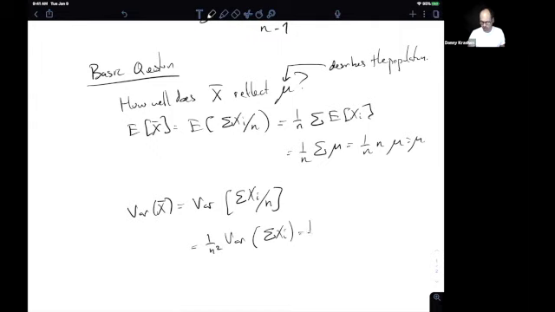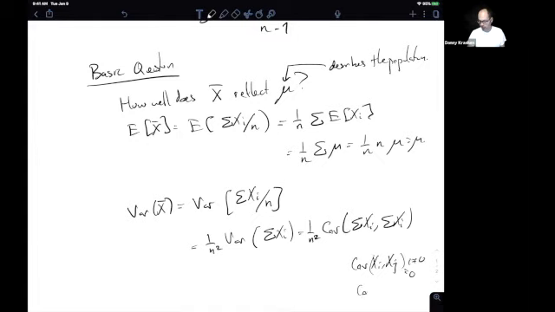Just very briefly, why that is: you're taking really the covariance of the sum with itself. And when you do that, the covariance is linear in each factor. So when you expand this over the two sums, kind of FOIL it out, you get some terms that look like covariance of xi, xj. Those are all 0 if i is not equal to j.